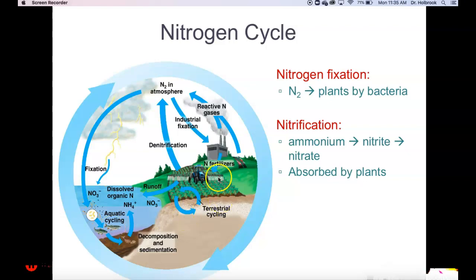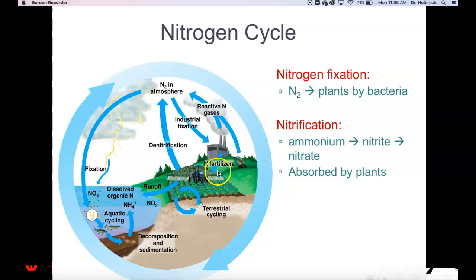One thing here that I want you to notice, what is important about the nitrogen cycle from an ecological standpoint. Look at this word right here where my cursor is, fertilizers. Fertilizers are great. Fertilizers kind of bypass this bacteria nitrogen fixation and provide the ammonium, nitrate, and nitrites for plants straight away.